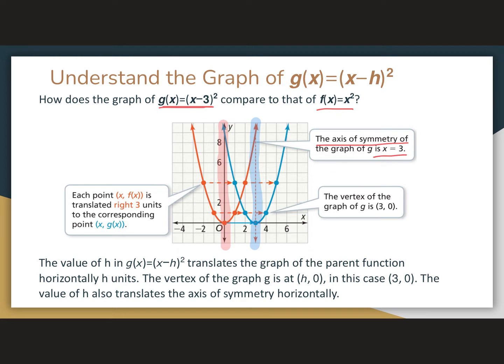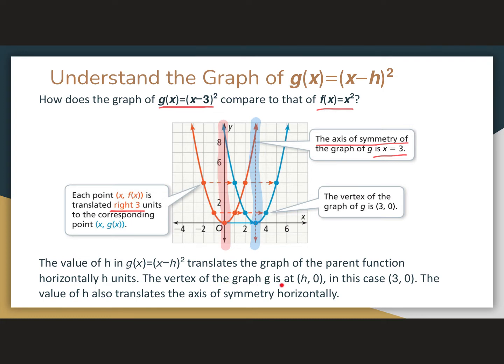Each point is translated right 3 units. So every point is translated to the right 3 units when we subtract 3. So the value of h in g of x equals x minus h squared translates the graph of the parent function horizontally h units.